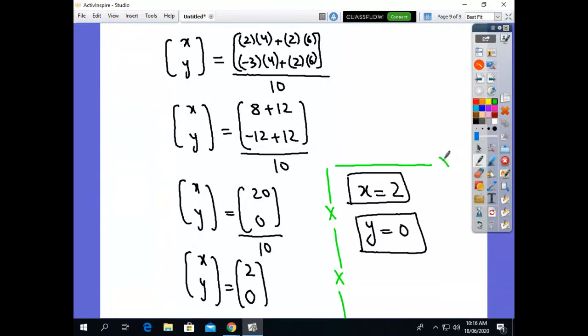Is there any problem? Please raise your hand. Is there any problem in the inversion method? Please raise your hand. Yes, Umar Imran. What's your problem? Assalamualaikum, sir. Walaikum Assalam. Yes, Umar Khan.